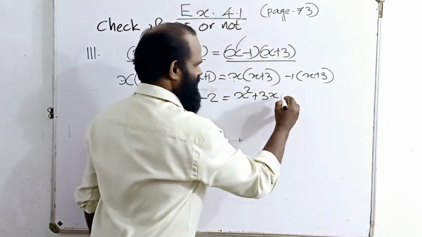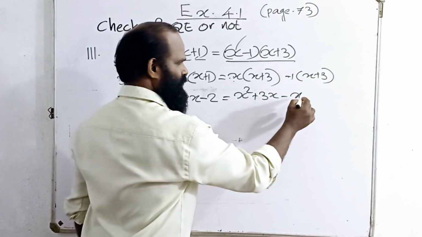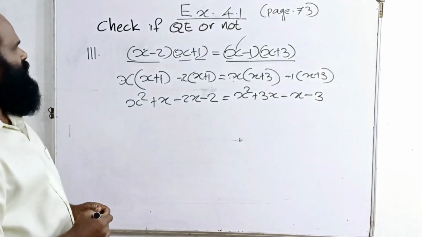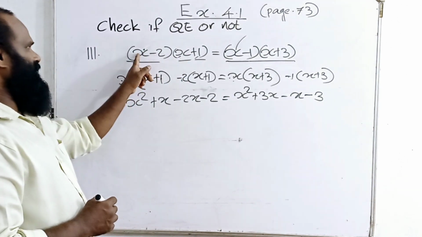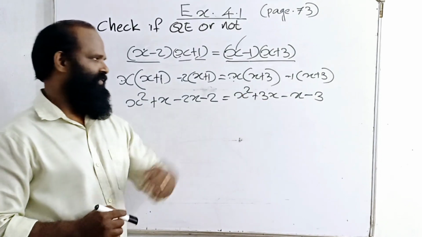Negative 1 into x, negative x. Negative into positive, negative 1 into 3, negative 3. So we multiplied these two terms with x as well as negative 2. We got something like this.